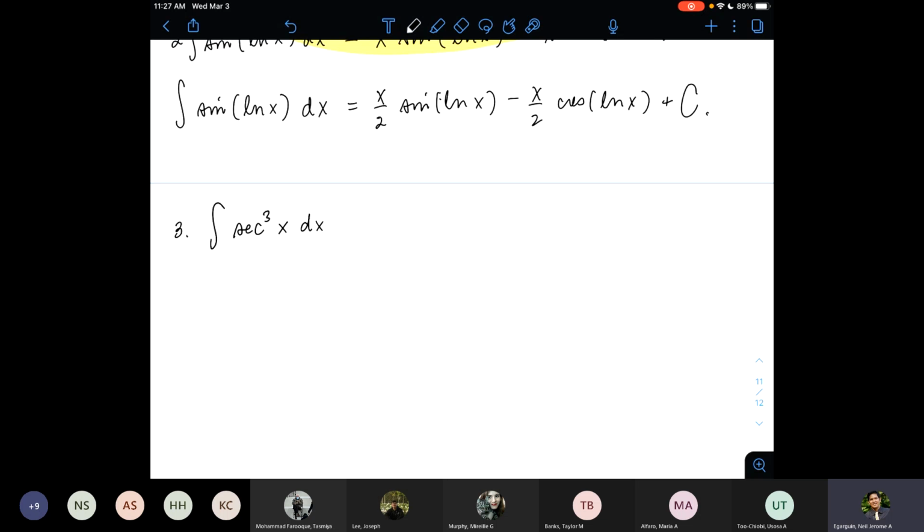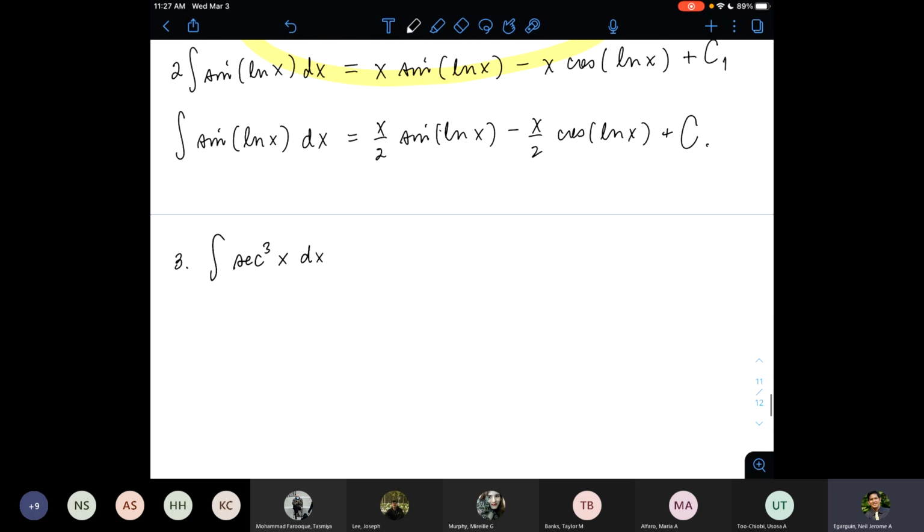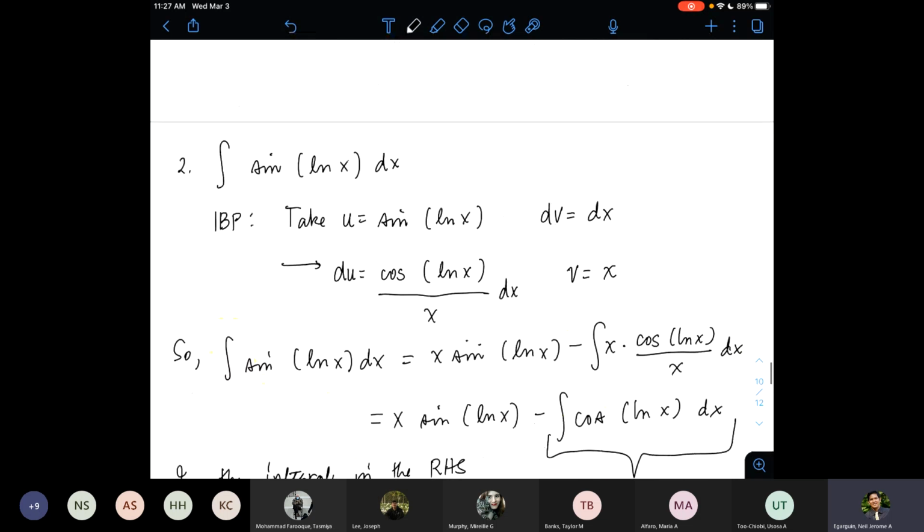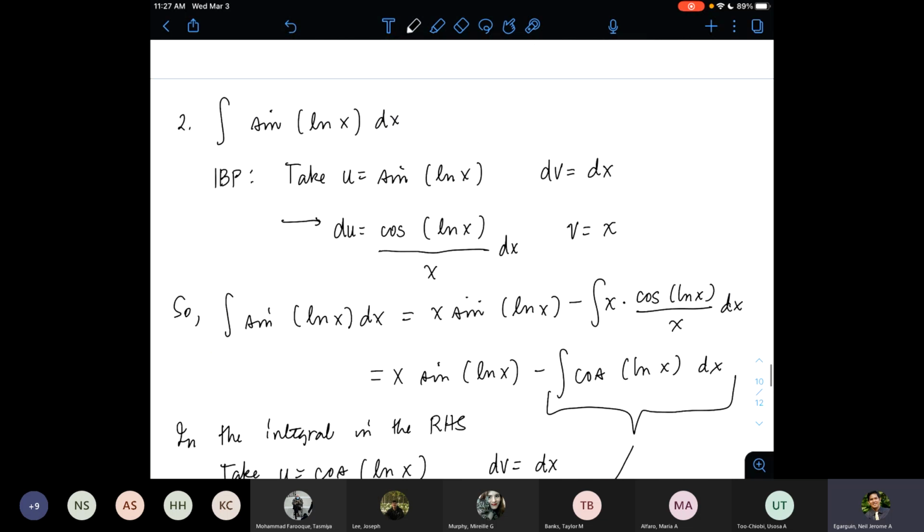Going back to Michael's question before proceeding to problem 3, what were u and dv for this problem? You mean problem number 2, Michael? If you're referring to problem number 2, I applied IBP twice. So here, for the first iteration, I let u be equal to sine ln x because I don't have any choice, and then dv is dx.